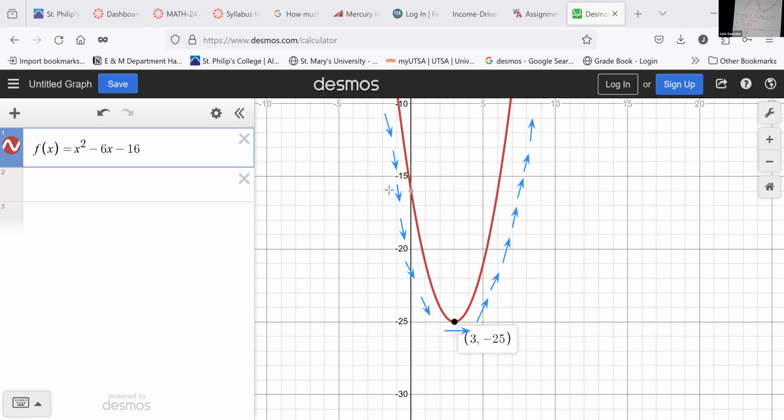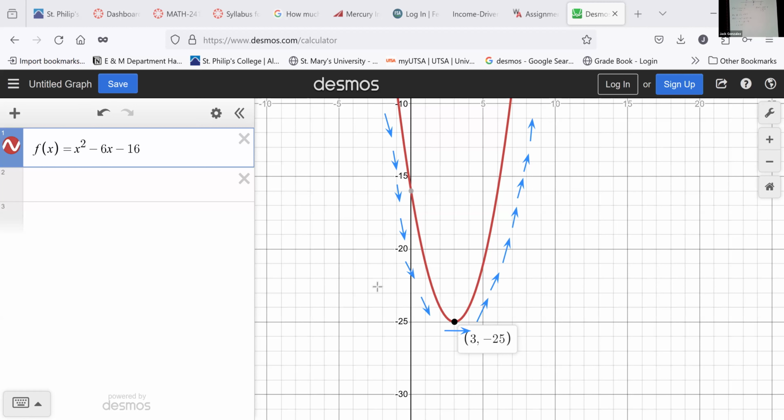So without the graph, can you determine what the interval is for decreasing? That was the original question. I just did the minimum for the fun of it.